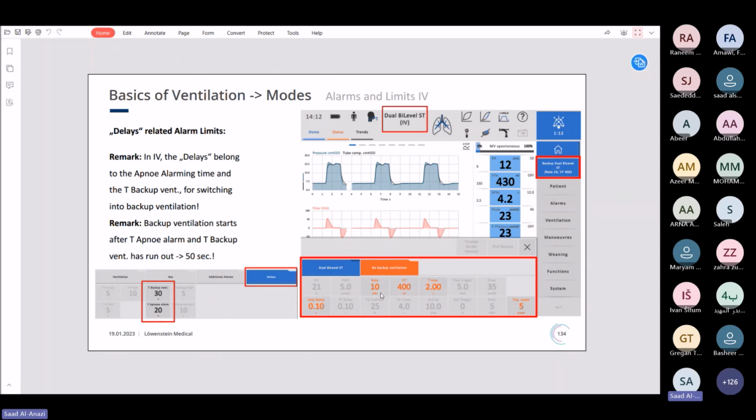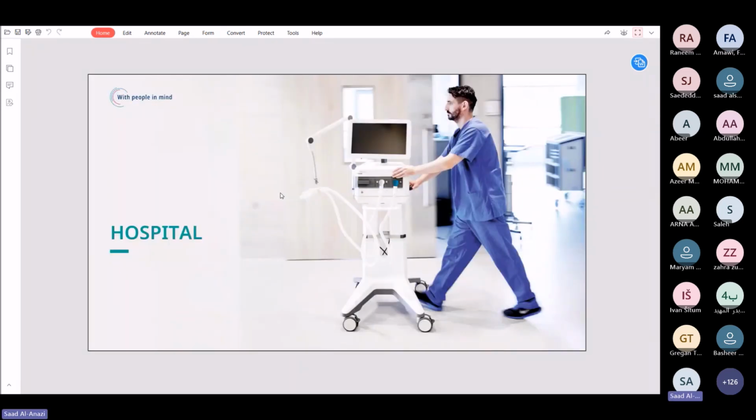Select the backup ventilation tidal volume, rate, inspiratory time, the rise time, plus the backup time and the time of the apnea. So this one, we can select and adjust. So this is the ELISA 800 as our lecture today.